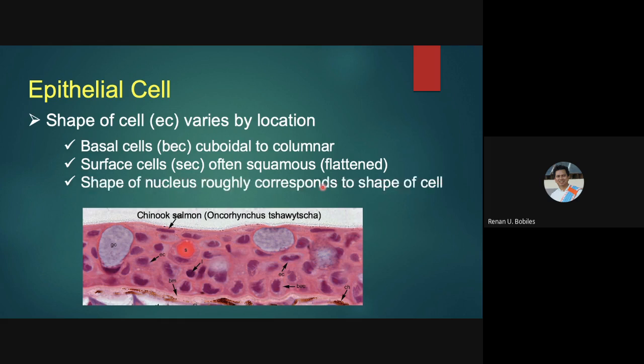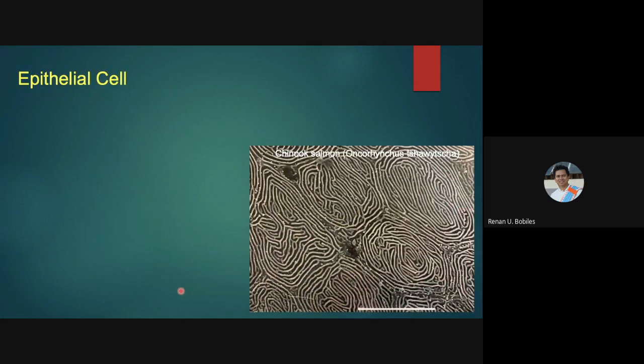So the shape of the nucleus roughly corresponds to the shape of the cell. So makikita nyo, itong dark na to, and that's the nucleus. Okay.